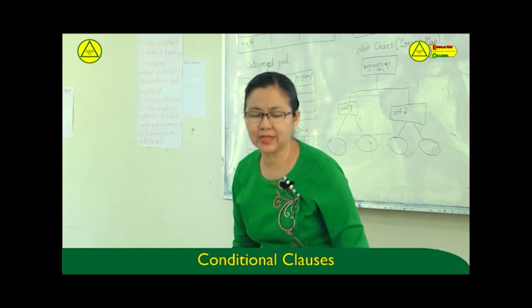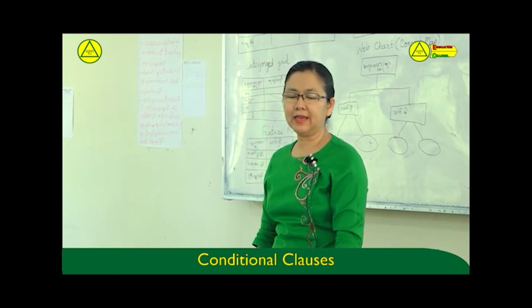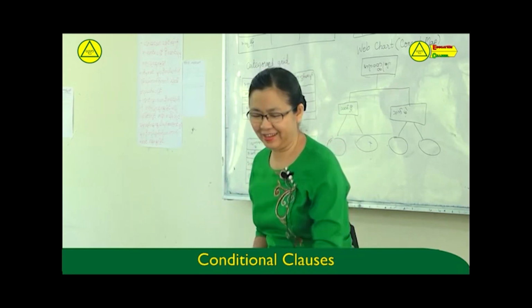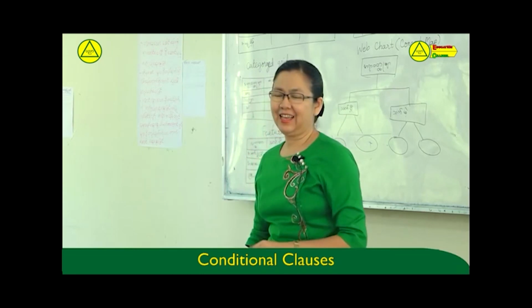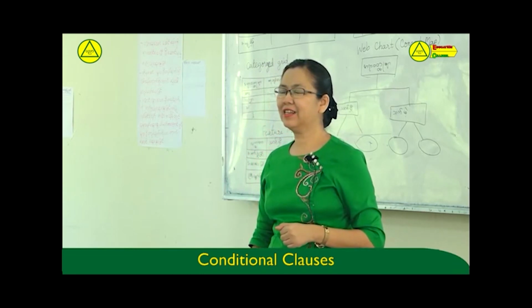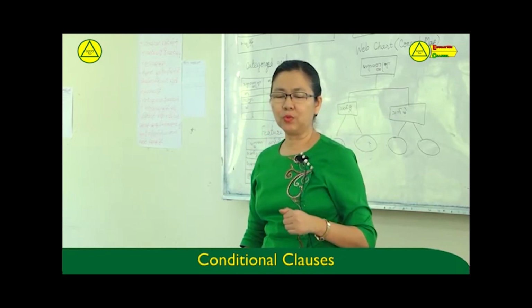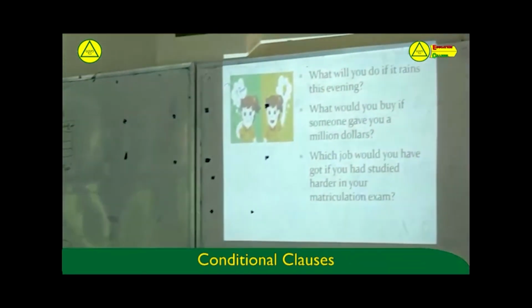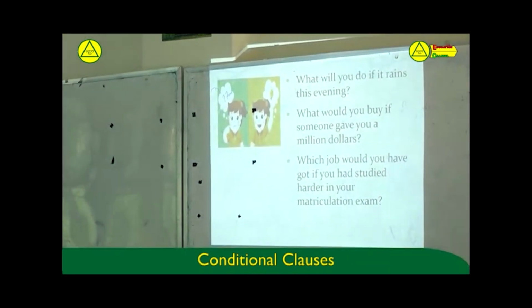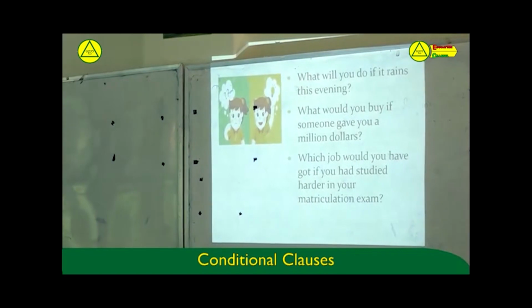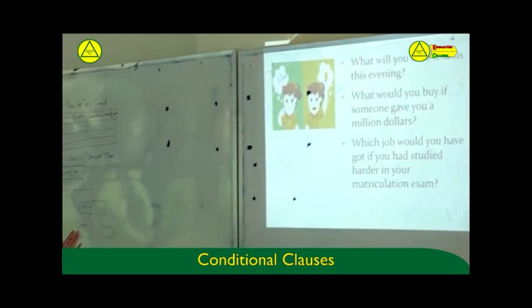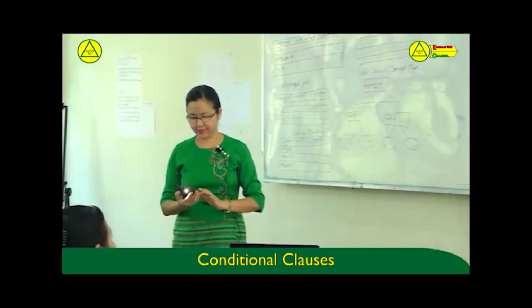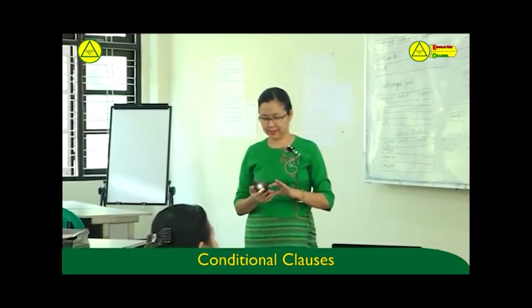And then another question is, what would you buy if someone gave you $1 million? And what is the last question? Which job would you have got if you had studied harder in your matriculation exam? This is for the teachers, not for the students. Please try to answer these questions within one minute. Think of the answers.